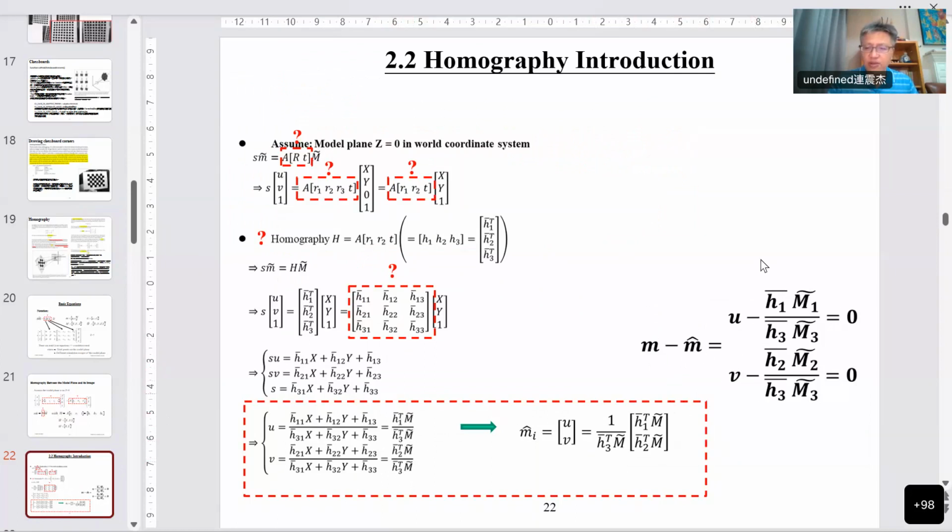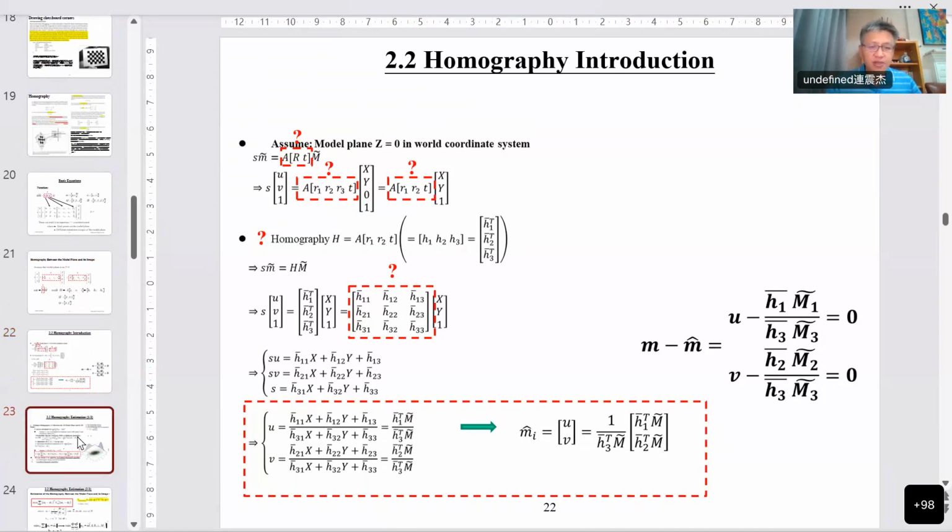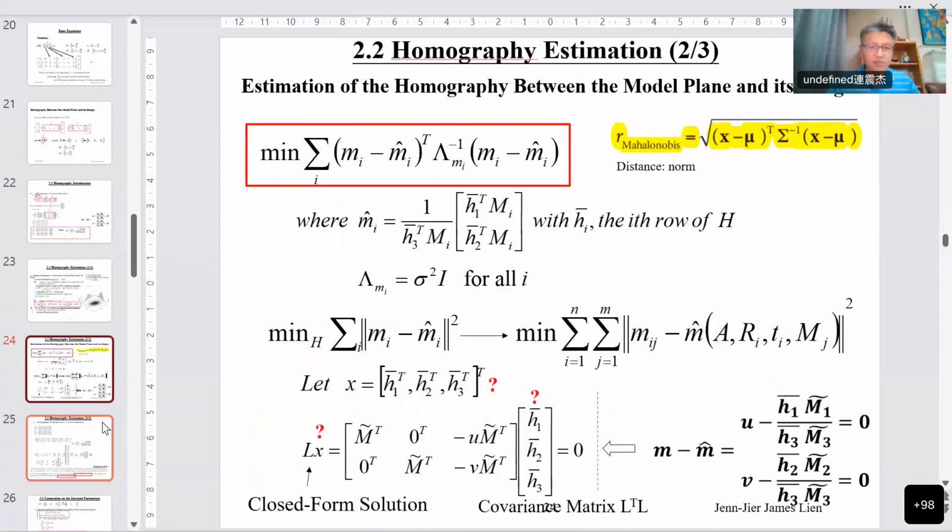So the purpose is we try to solve H. So from here, listen, we have this one. The same, or becomes this one.